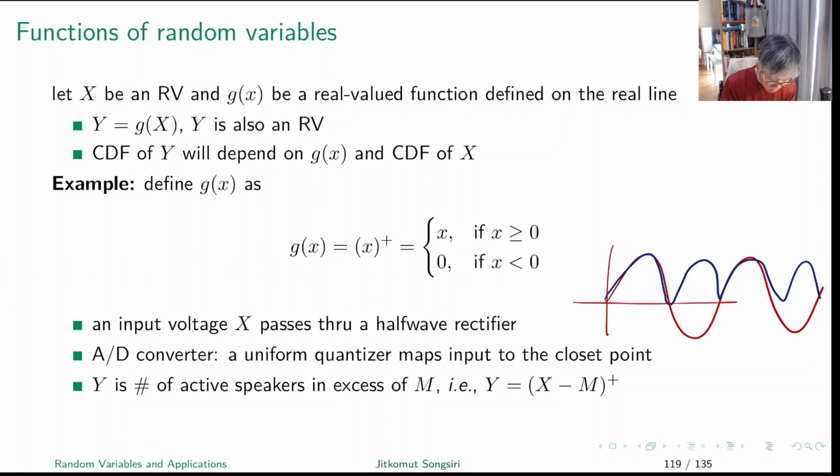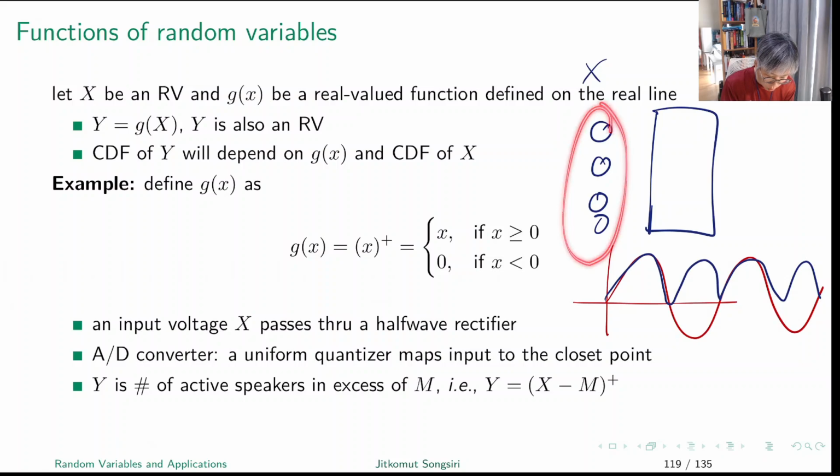You can see this positive thresholding transformation in this setting, where we have active speakers. Suppose we have a number of speakers as the input x, and you have a voice transmission system. Because the voice transmission system has a limitation, it can only carry m speakers at a time.